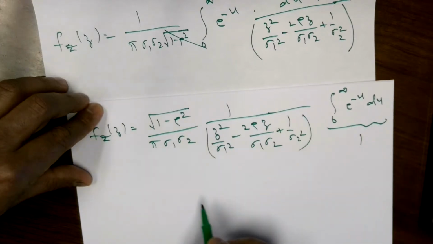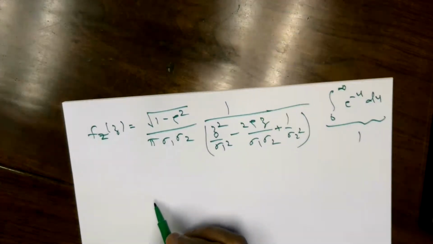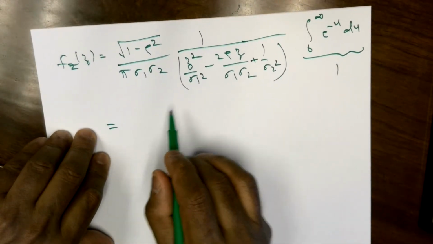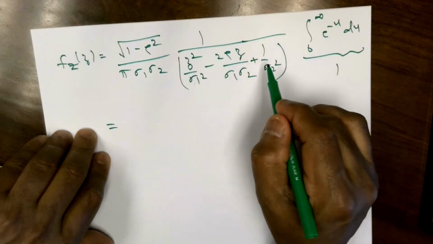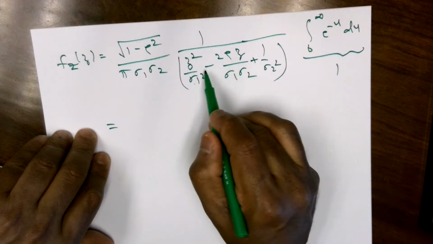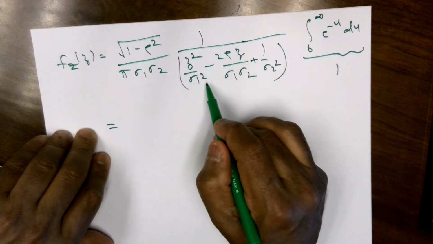This is 1. So this is the answer. And let's see how much more we can simplify this. So I'm going to notice that because of this I can complete the square on z.